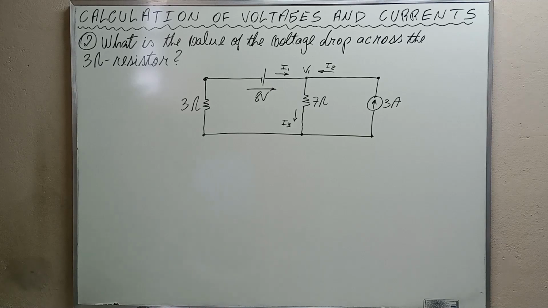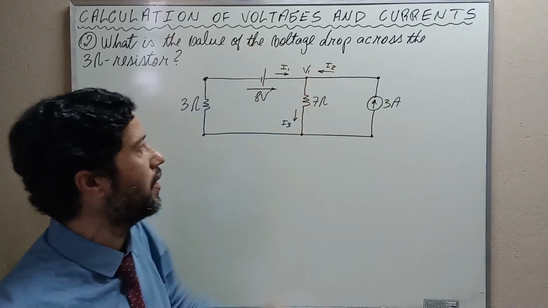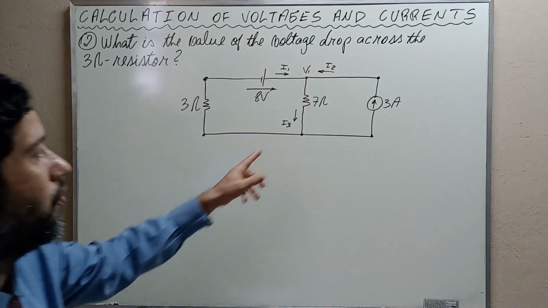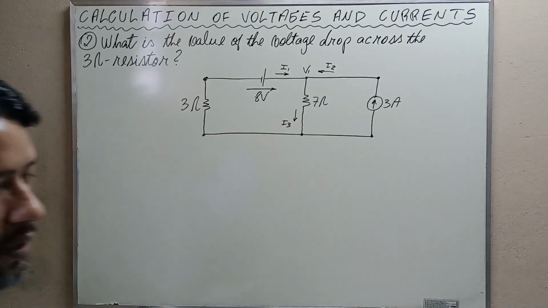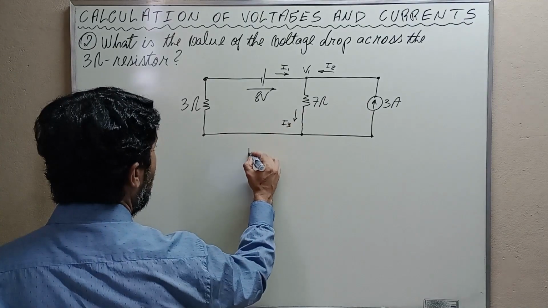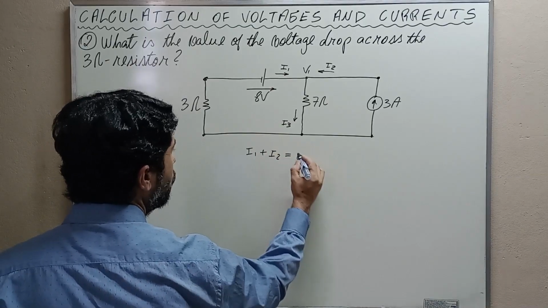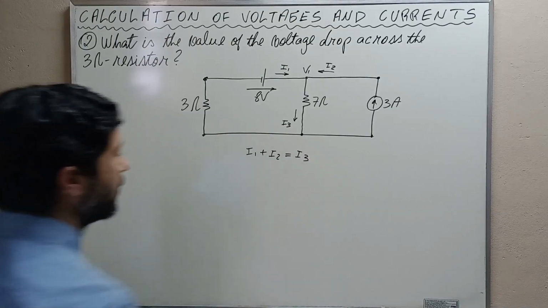Who are the currents entering the node? They are I1 and I2, and I3 is the only current leaving the node, okay? In this way, I1 plus I2 is equal to I3.